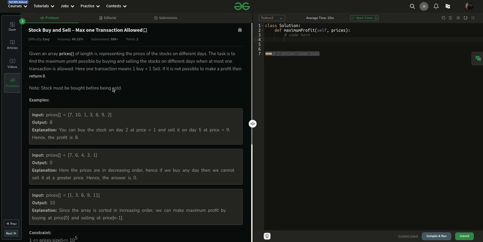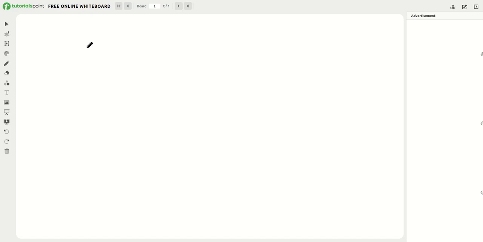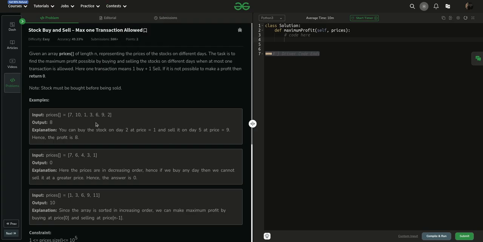So we have a given array of stock prices, like on day 0 it will be 7, 10, 1. Let's copy this. So we have an array containing 7, 10, 1, and let's see what other elements: 3, 6, 9, 2.